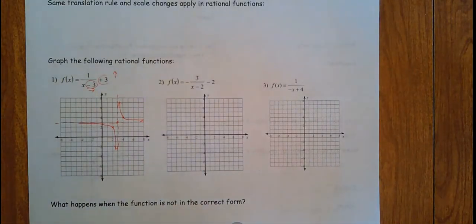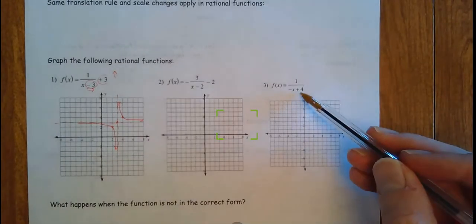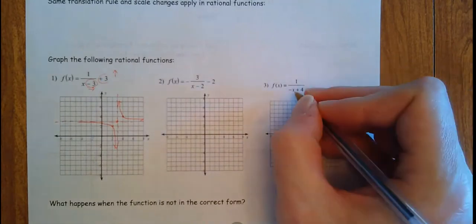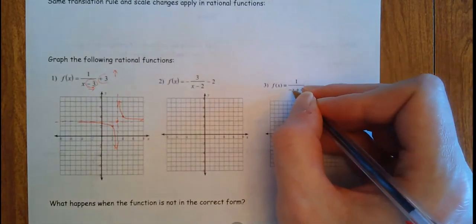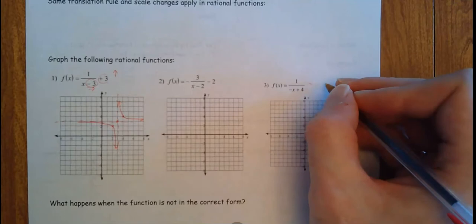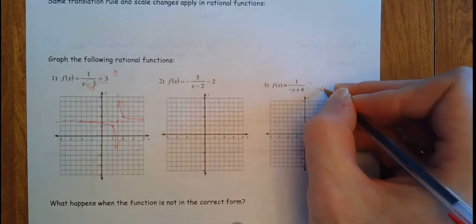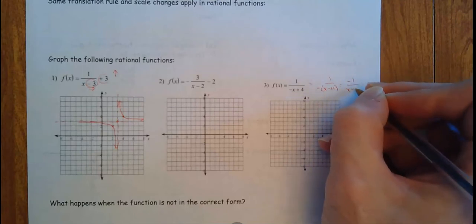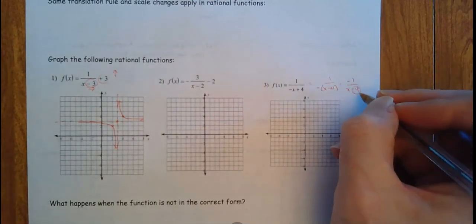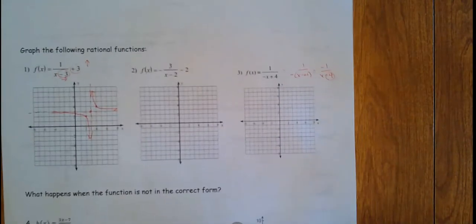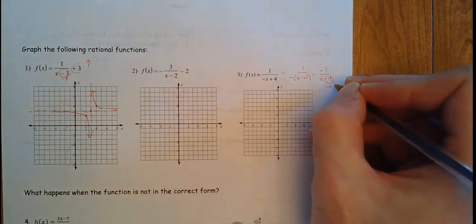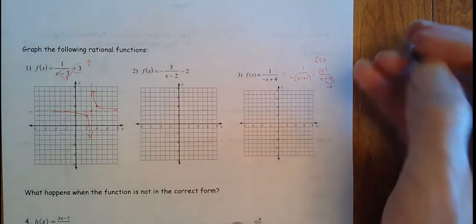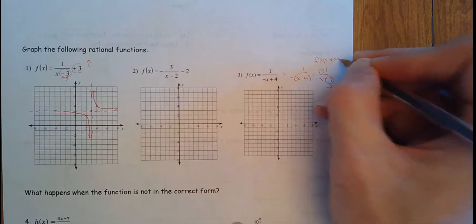We could, actually the next one over here too, this one wouldn't be so bad. When it says negative, we don't want a negative on the bottom. So if I took a negative out of both of those on the bottom, that would be a negative out front, then x minus 4, which would be negative 1 over x minus 4. All that would mean is this minus 4 that's inside with the x would be 4 to the right, and then this negative would be a flip about the x-axis.